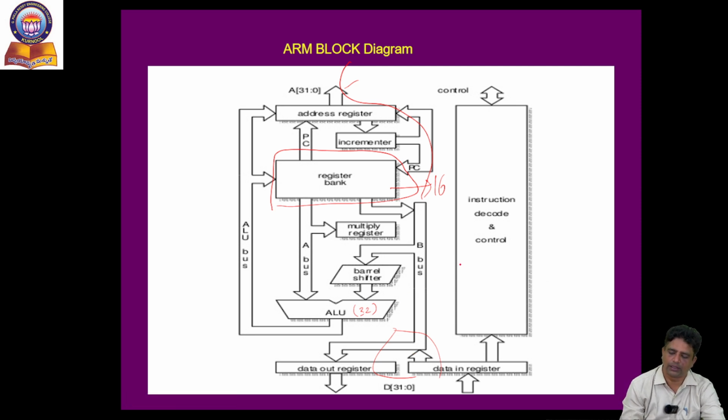Then to support the ALU before execution, we have the fetching and decoding section. The most important part that appears new to us is the multiply register and the barrel shifter. Whenever we perform shift and rotate operations, we need these barrel shifters.